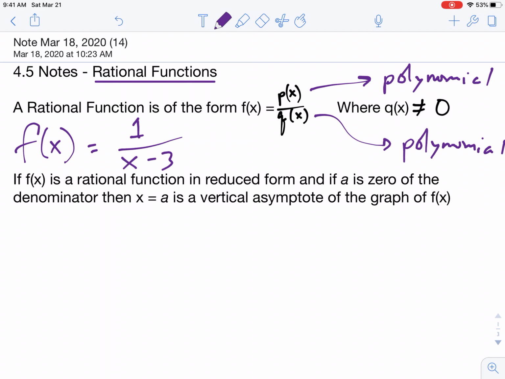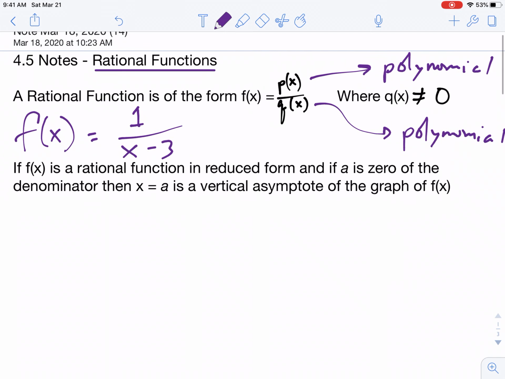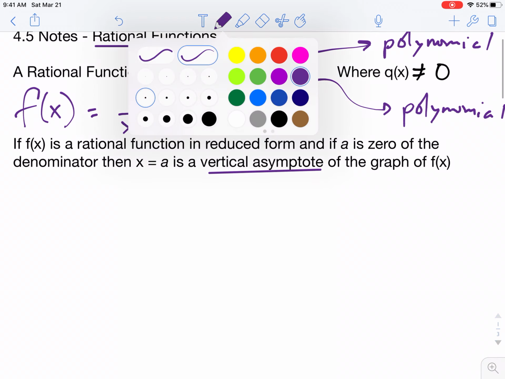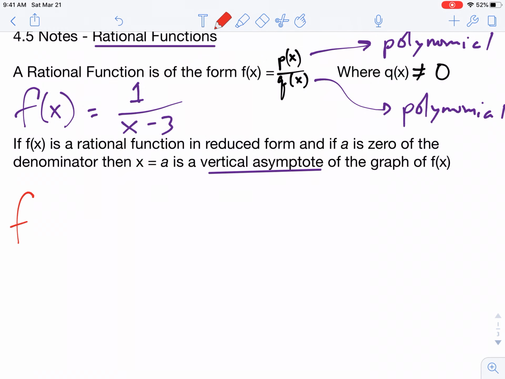So the main topic in this section is finding what they call asymptotes of rational functions. So here's the definition for vertical asymptotes. It's not really a definition, I guess. It's basically a rule of how to find it. So let's just take this function that I wrote above there, f of x equals 1 over x minus 3.